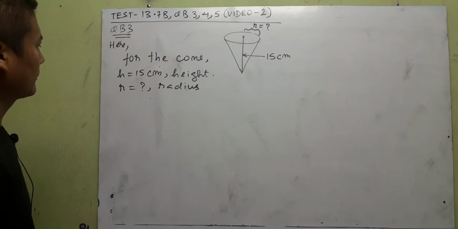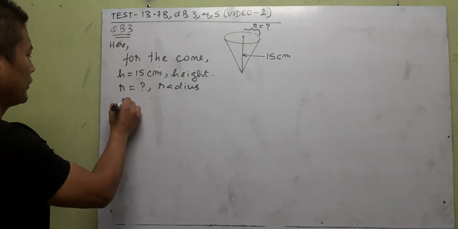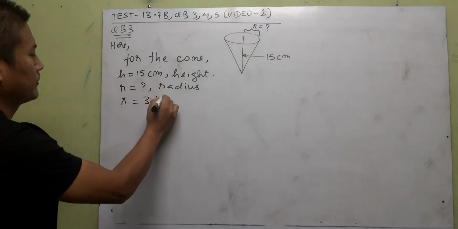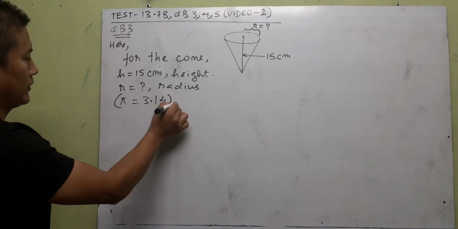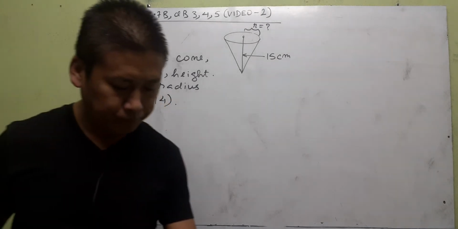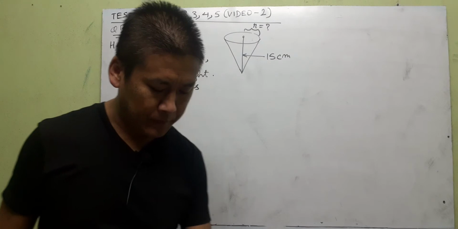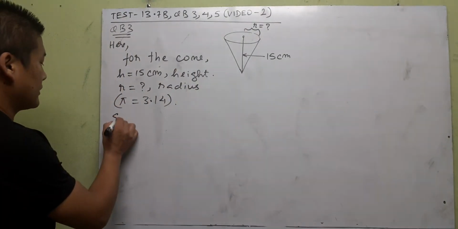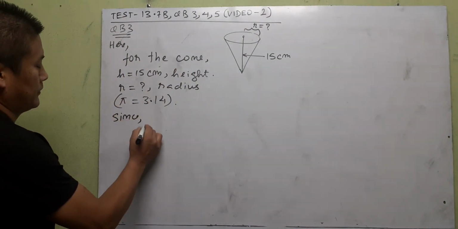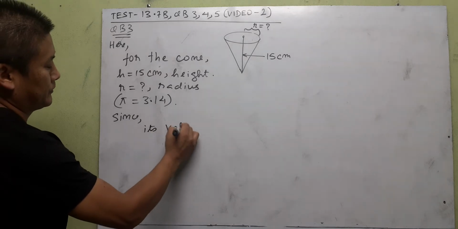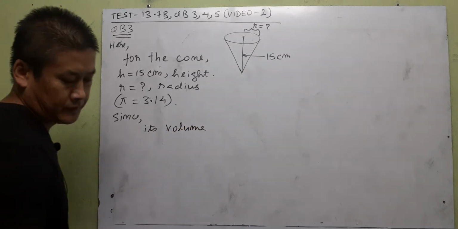And then we have to use pi equal to 3.14, right? To find the radius of the base. Since the question is saying its volume is given, let's go to the question and see that.